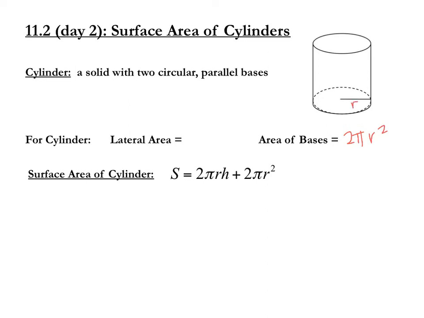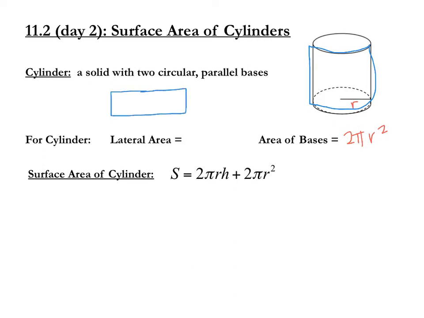We'll label that r right now. And then the lateral area, if you look at a soup can, is the area of the rest of the cylinder. That would be the soup label here. If you took that soup label and broke it apart, and you could try this at home, we actually end up with a rectangle.